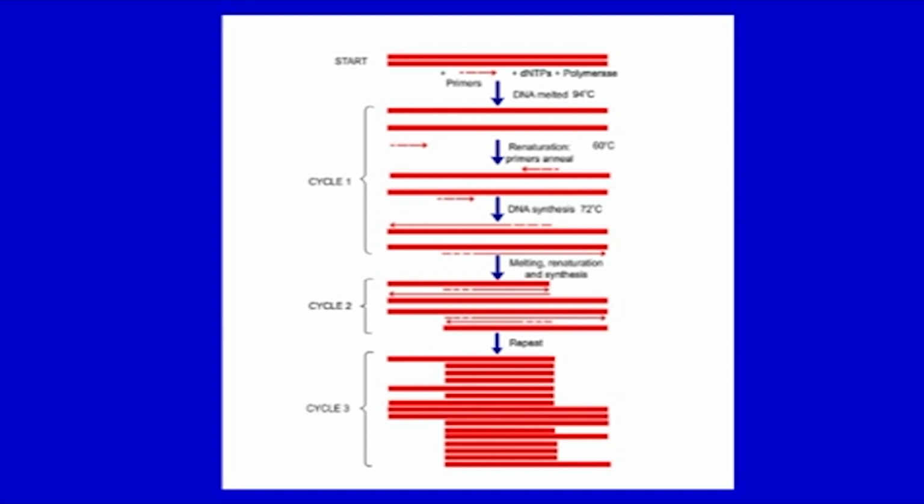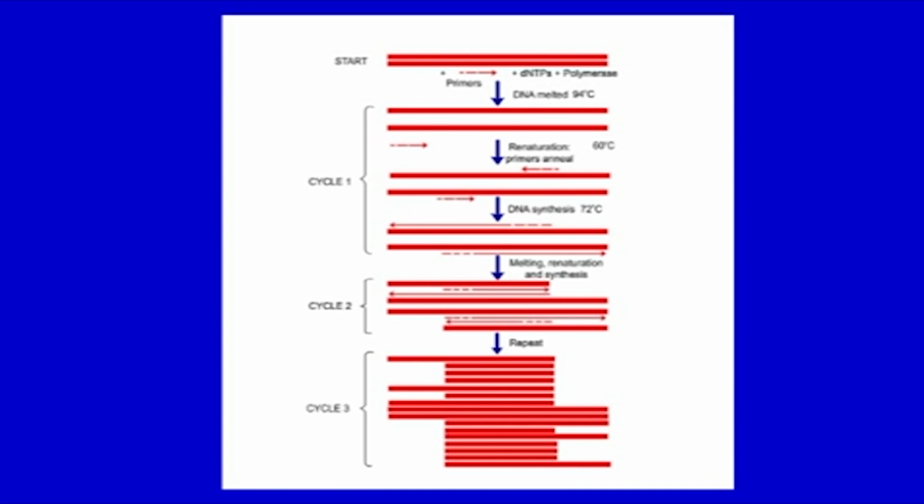In starting, what you have is a piece of DNA, that is double stranded DNA, and there are primers, dNTPs and polymerase which are mixed in a tube. Now, the first step is the DNA melting or denaturation step. So, the two DNA strands are separated here.